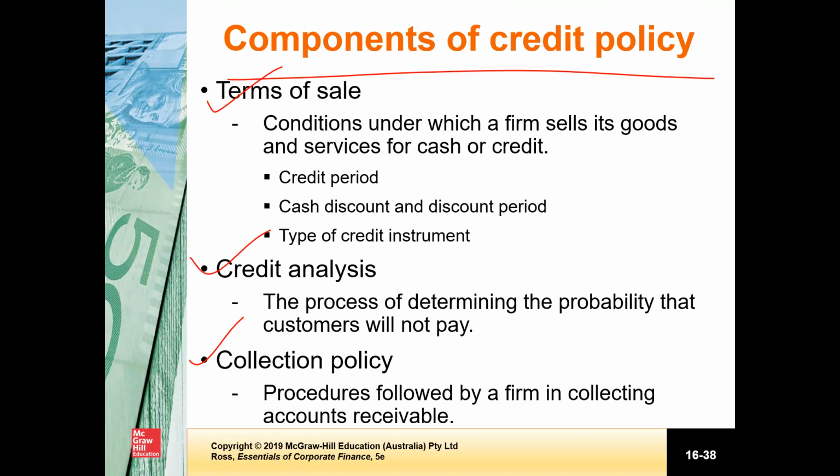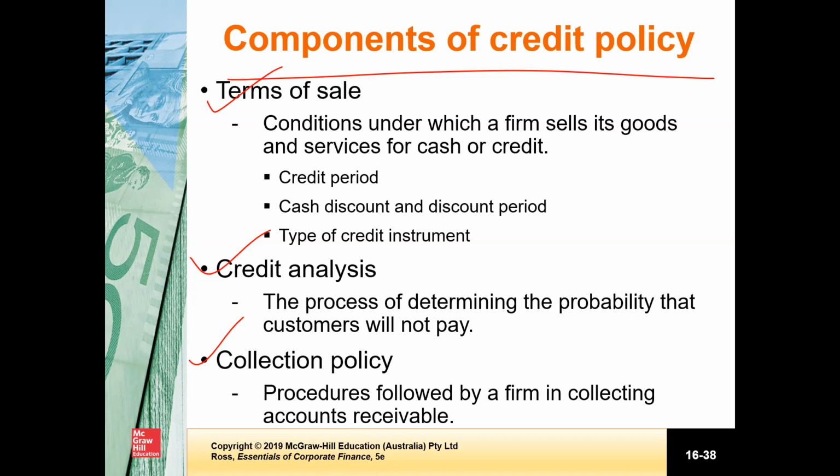Terms of sales establish how the firm proposes to sell its goods and services. If the firm grants credit to a customer, the terms of sale will specify the credit period, any cash discount, the discount period, and the type of credit instrument.